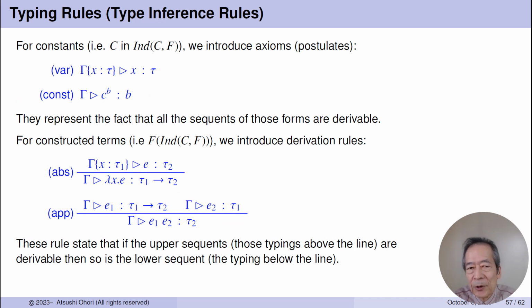A type system is organized as a set of rules to derive typings. Those rules are called typing rules or type inference rules. There are two kinds of rules. The first group corresponds to the constants, I mean the members of this set C in the definition of inductive closure. For each member of this given set, we introduce an axiom.